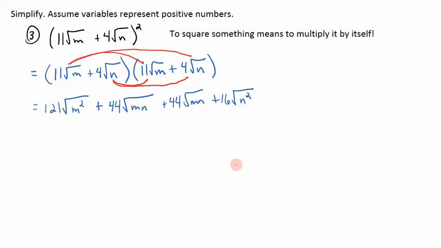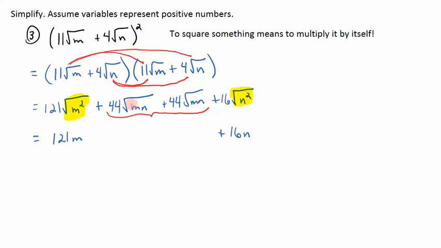Now I need to see if I can simplify any of this. And I notice that the square root of m squared is just m, and the square root of n squared is just n. So I have 121m, and on the end I have plus 16n. And in the middle here, I have like terms, like radicals.